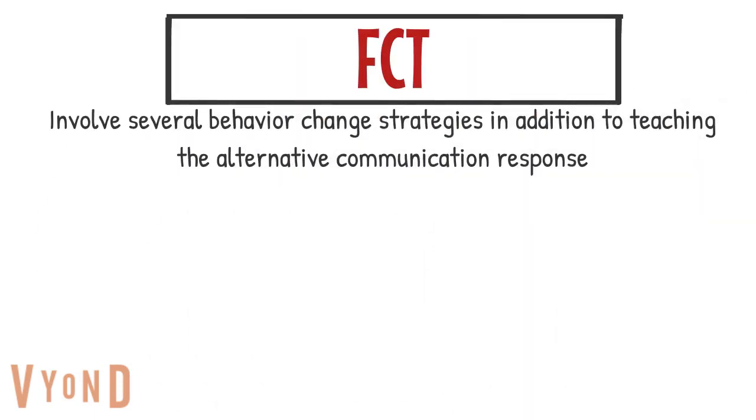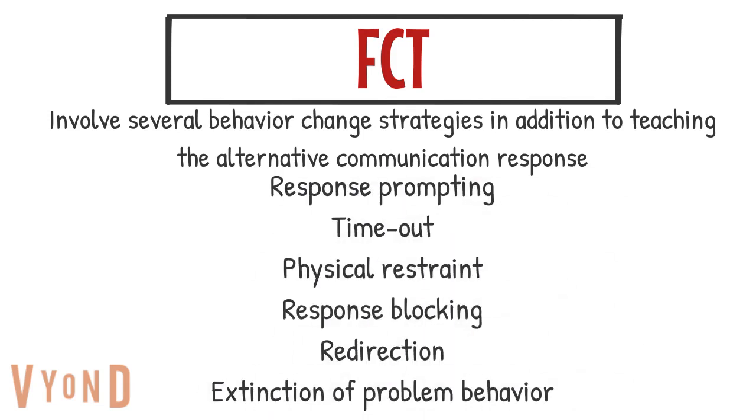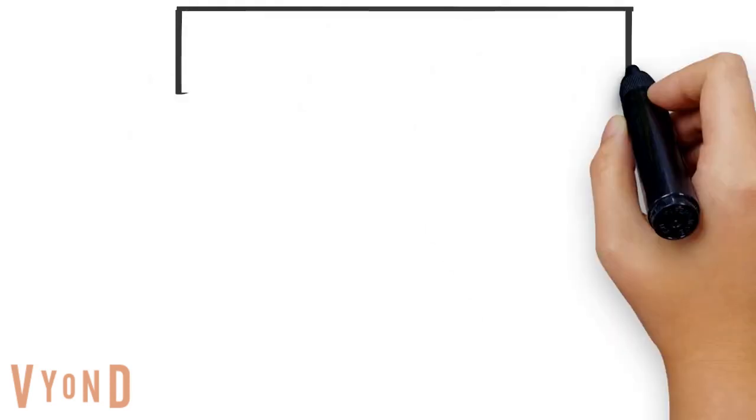And FCT interventions typically involve several behavior change strategies in addition to teaching the alternative communication response. And these other strategies include response prompting, timeout, physical restraint, response blocking, redirection, and then extinction of the problem behavior. So it's a treatment package.